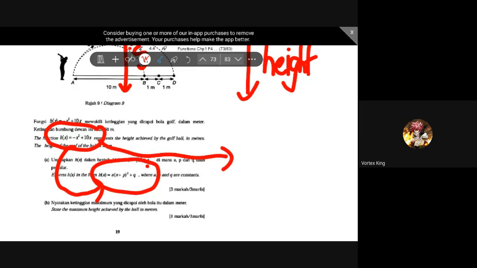Can anyone go to the final answer? Can anyone tell me the final answer for this?